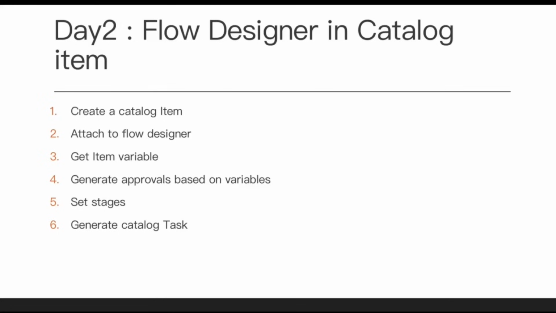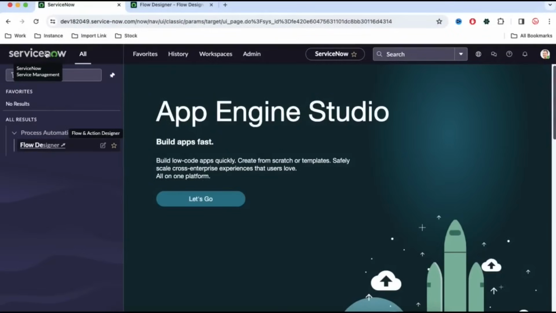So let's go to the ServiceNow instance and complete this task. This is our developer instance. The first thing is that we are going to create a catalog item.